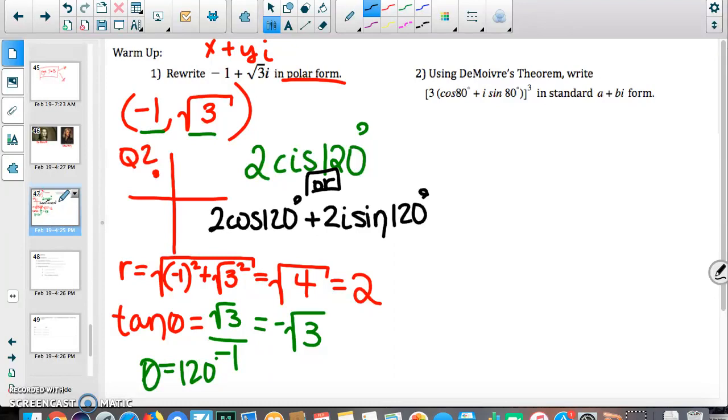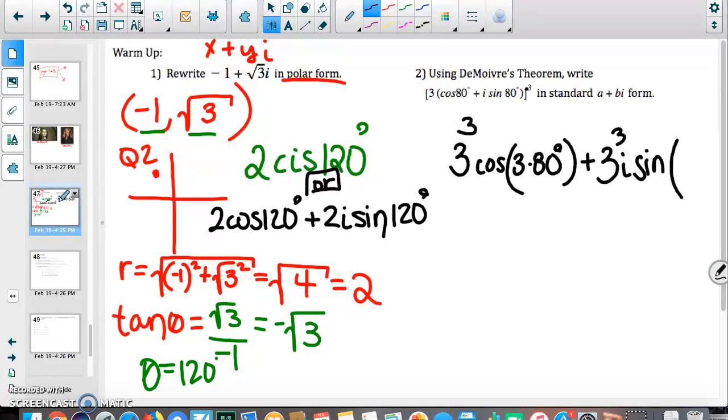Let's move on to number 2. So we're using the theorem here, the exponent theorem. So it's in polar, so I can go right ahead and use the theorem. And it tells me to take the radius to the exponent, so 3 cubed, and then I multiply the exponent to my angle. 3 cubed i sine of 3 times 80 degrees.